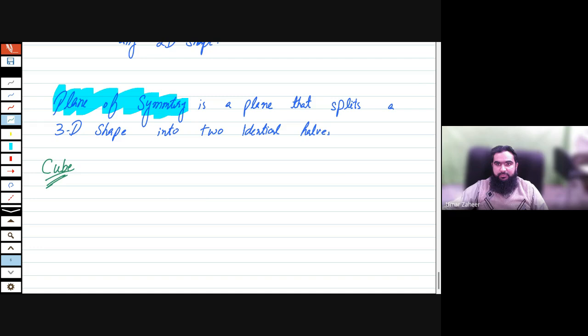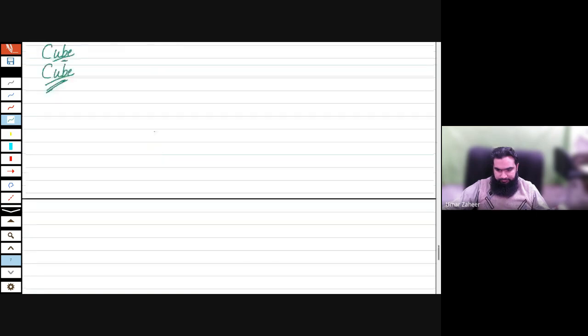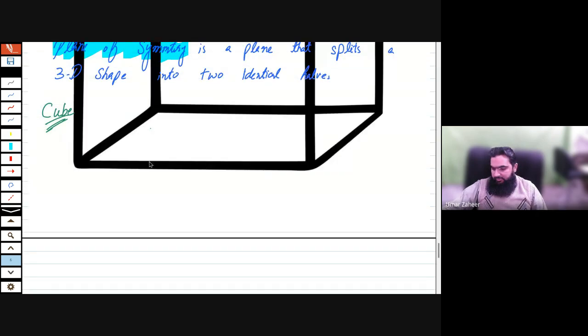So let's take a cube here. Here we have the cube.